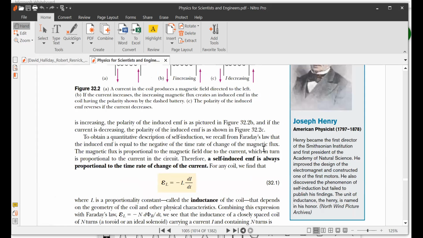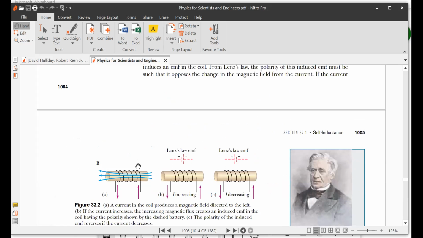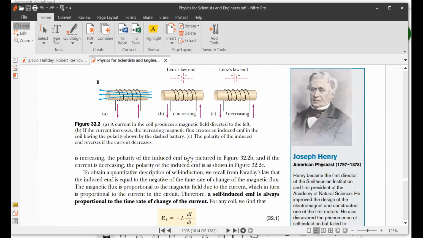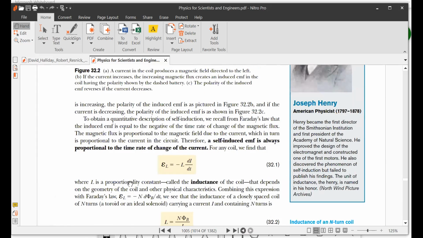Hukum Henry terkait dengan induktansi diri dari sebuah solenoid yang kita sebut induktor. Hukum Henry adalah GGL induksi yang dihasilkan pada sebuah solenoid bergantung pada perubahan arus yang dihasilkan. Jadi epsilon L di sini adalah GGL induksi.